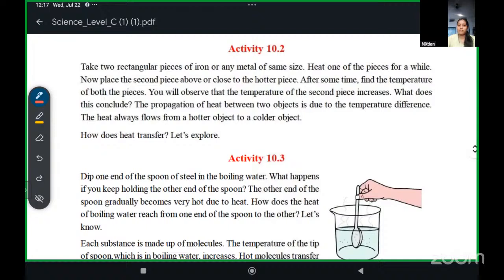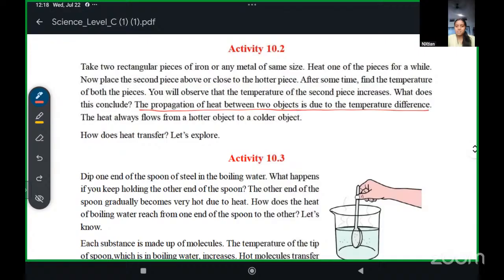So something similar activity is taking place here. They have heated up one block of iron and they have placed it near another block of iron. After some time, you will find that the other block will be high in temperature. The temperature of that other block will increase. This shows that propagation of heat between two bodies or two objects is due to temperature difference.